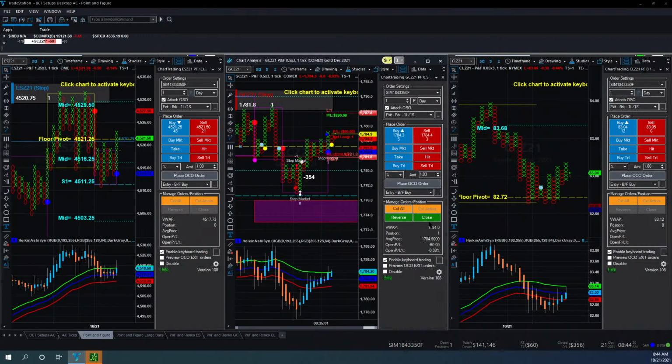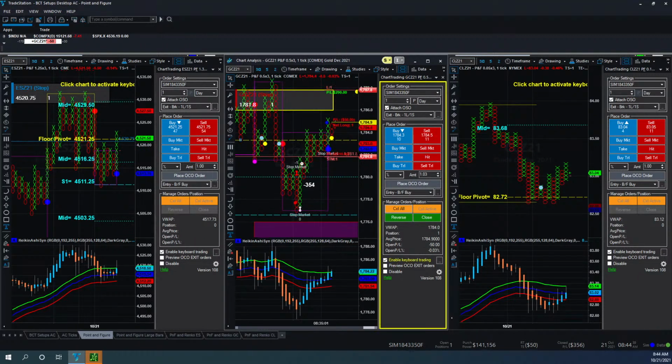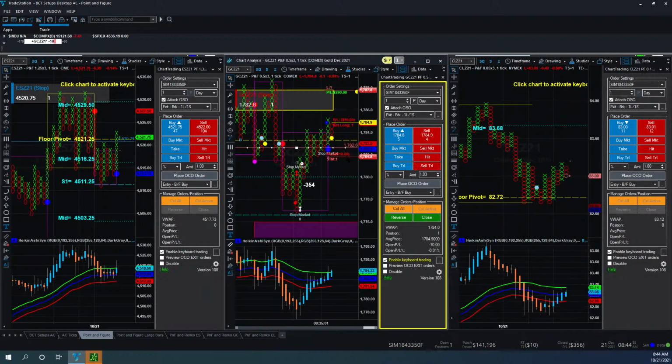$1783, $1782. That would be my exit here. 1782.9. So if it goes below this level, I should sell.